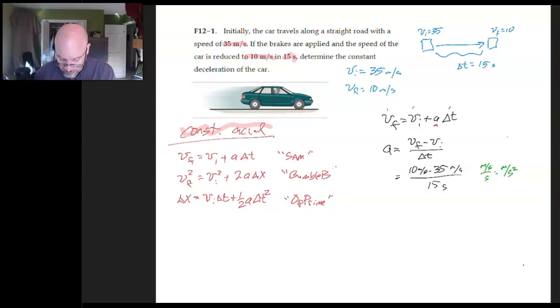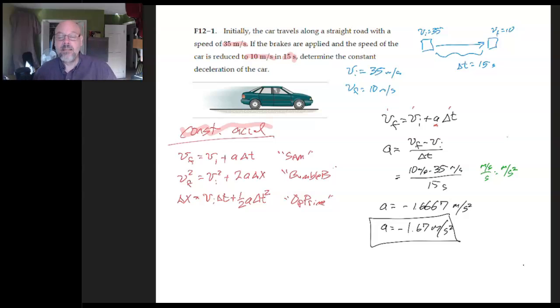When we plug the numbers in on our calculator, we're going to get negative 1.66666, a whole bunch of sixes, meters per second squared. So if we put it into 3 sig figs, we're looking at negative 1.67 meters per second squared. There we go. It doesn't get much more straightforward than that.